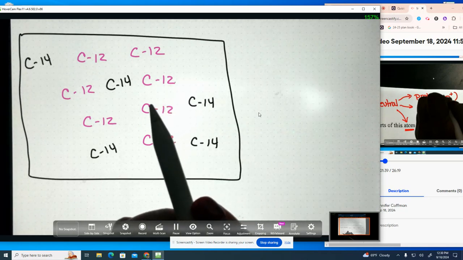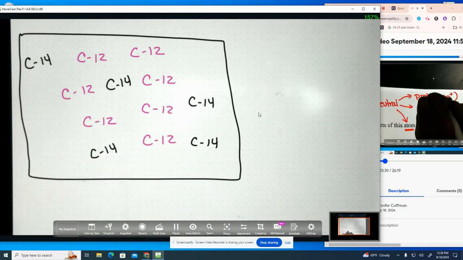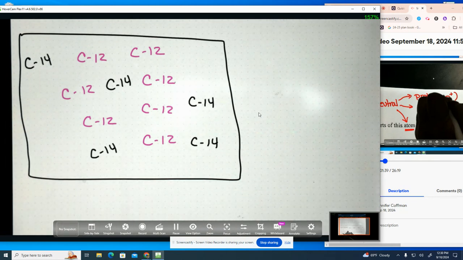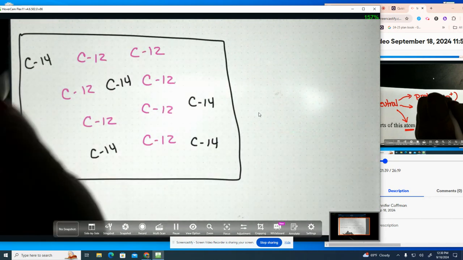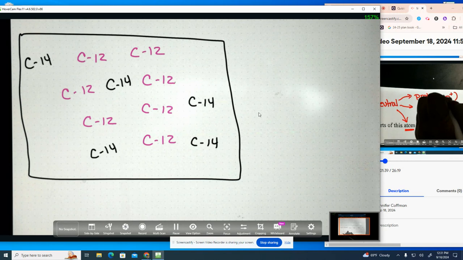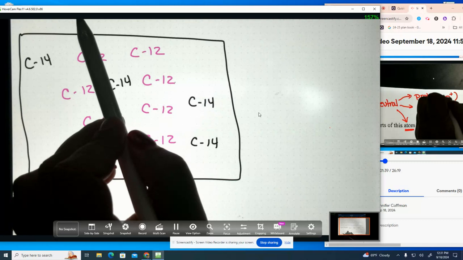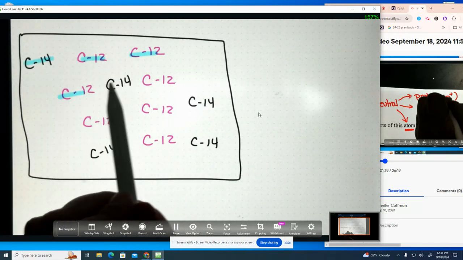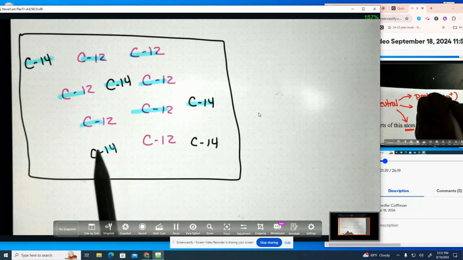What is the percent abundance of carbon 12s in this sample? How do we calculate percents? You take the whole number of all the carbons and you divide by the number of carbon 12. If we count how many carbons we have here, we have 1, 2, 3, 4, 5, 6, 7, 8, 9, 10, 11, 12 carbons.